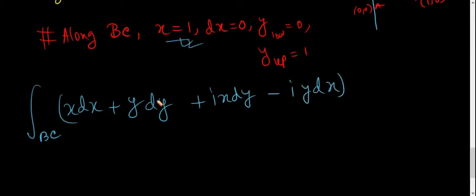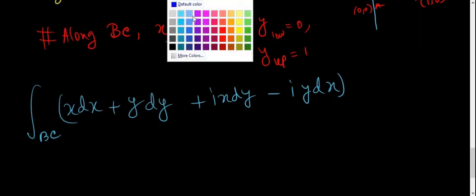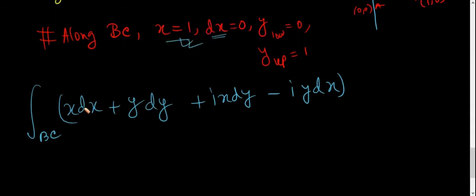Since x equals 1, there will be x equals 1 everywhere in this expression. However, you can see that dx is 0. So due to that, this part will go away. That means it won't contribute, and this part will go away.